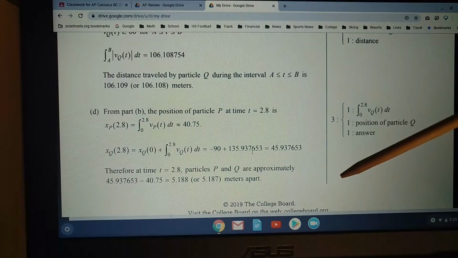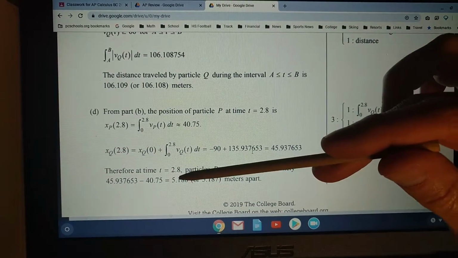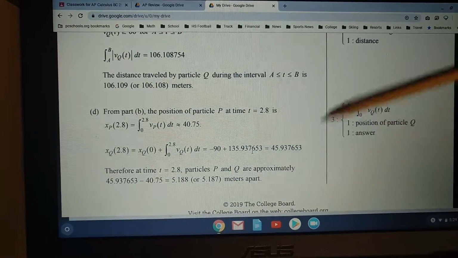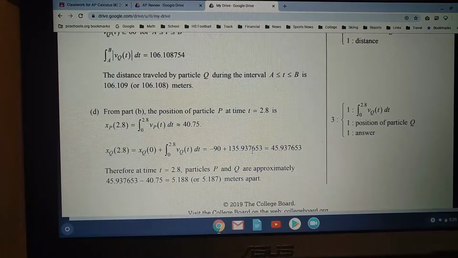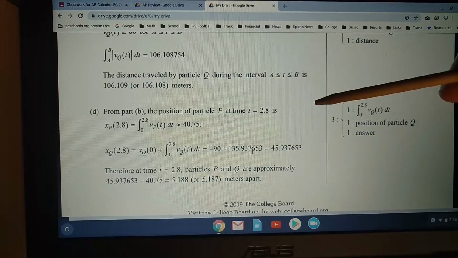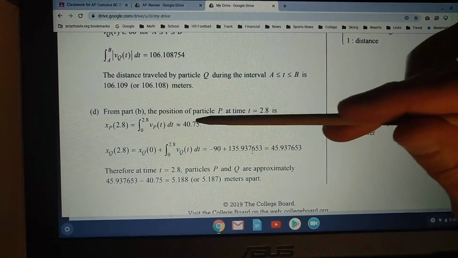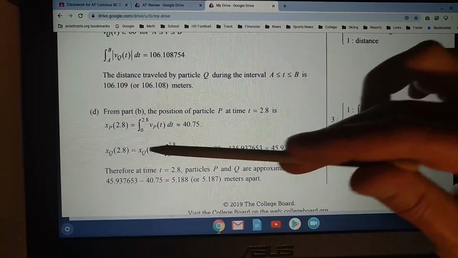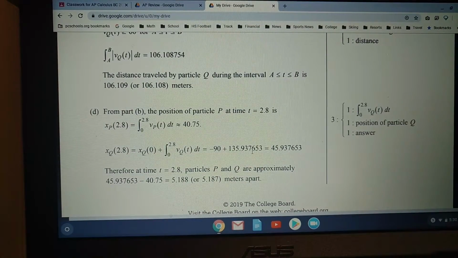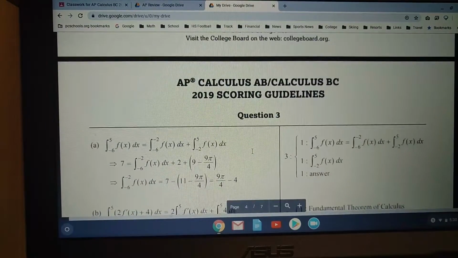At time 2.8, they are 5.188 meters apart, which is what you end up getting for your final answer there. Okay, so because you're taking the difference between this. Here's the x of p at 2.8, here's the x of q at 2.8. All right, score that one out of 9, and let's move on to question number 3.